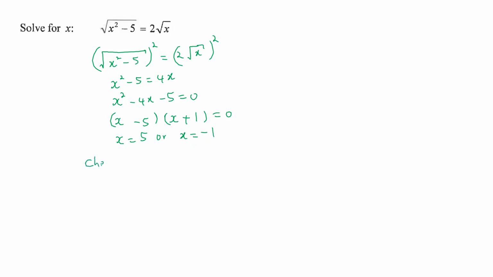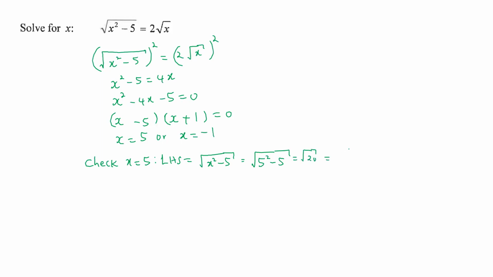So you check x equals 5. We're checking x equals 5. You're going to look at the left-hand side of the original equation, which is the square root of x squared minus 5. And plugging in the 5 brings 5 squared minus 5, which is 25 minus 5, which is 20.